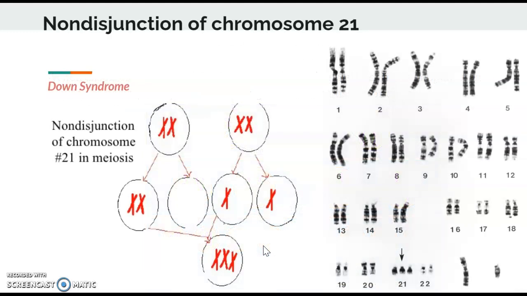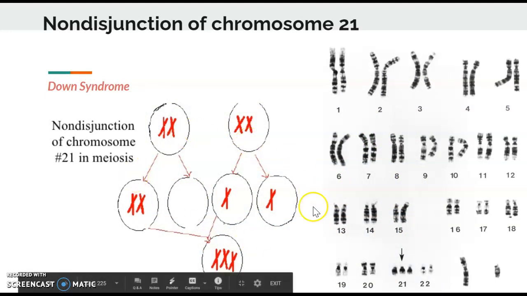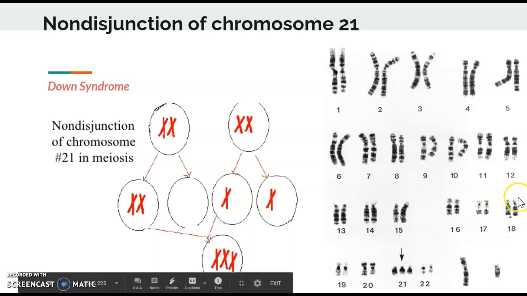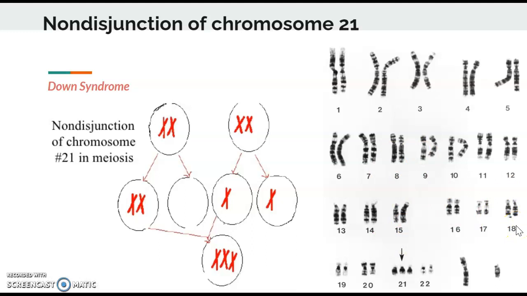Popular examples of non-disjunction are, for example, what happens with Down syndrome, the most common non-disjunction, and I think the only one that really leads to survival. You can have non-disjunction of chromosome 18, trisomy 18, but it usually leads to death sooner or later.